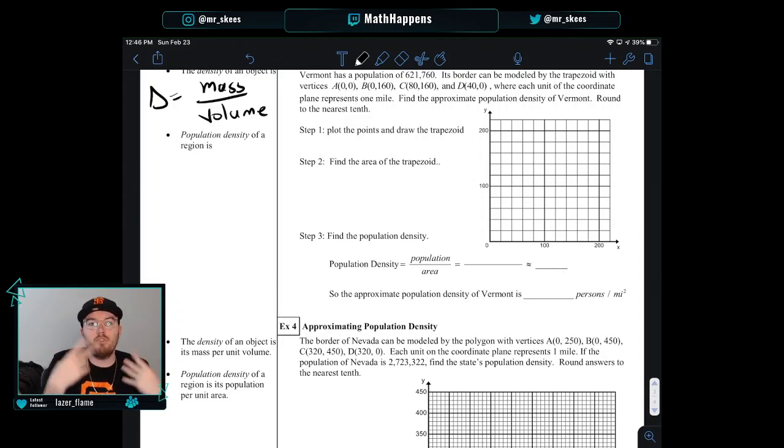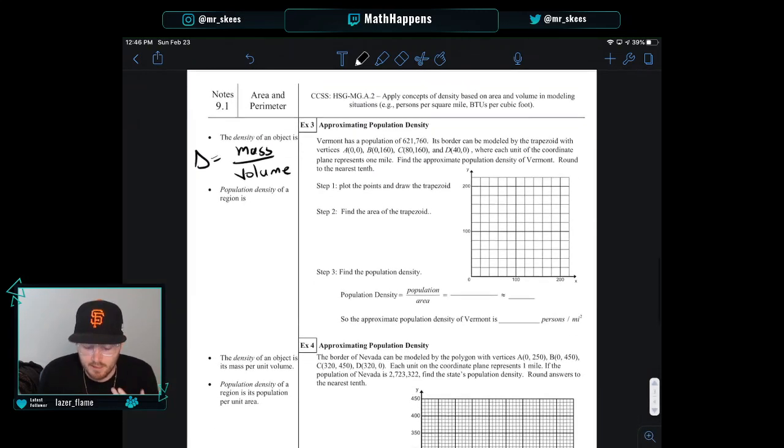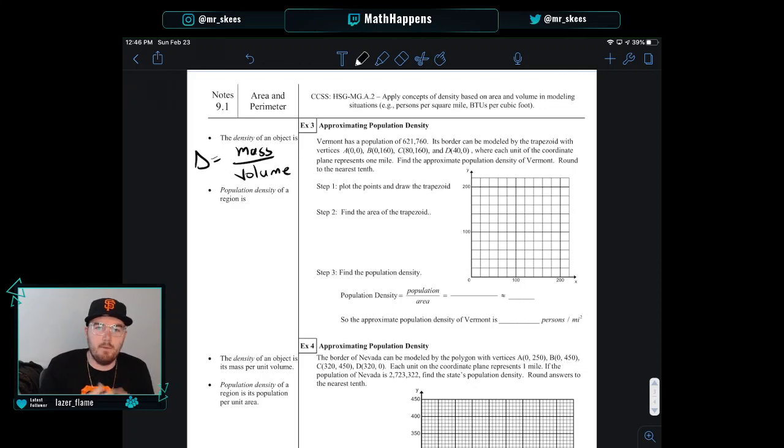But how about two states that are comparable? How about Nevada and Utah? They're probably relatively the same size area. I don't know off the top of my head if they are, but look at them on a map. They're not too crazy different. So let's just pretend they're the exact same area.